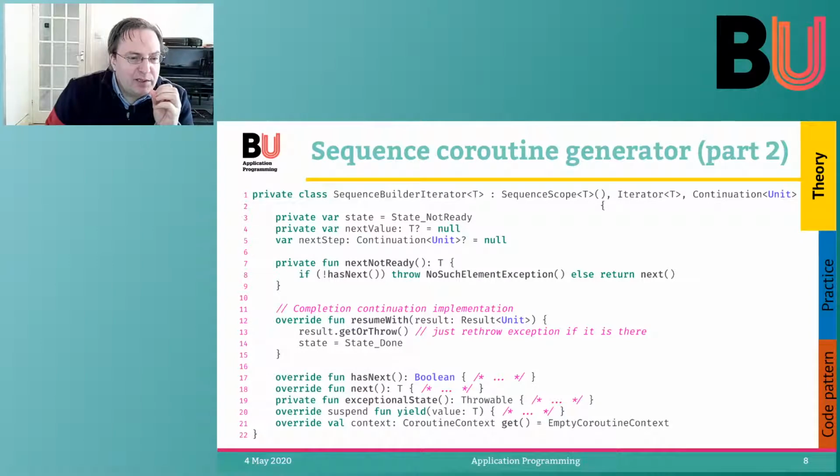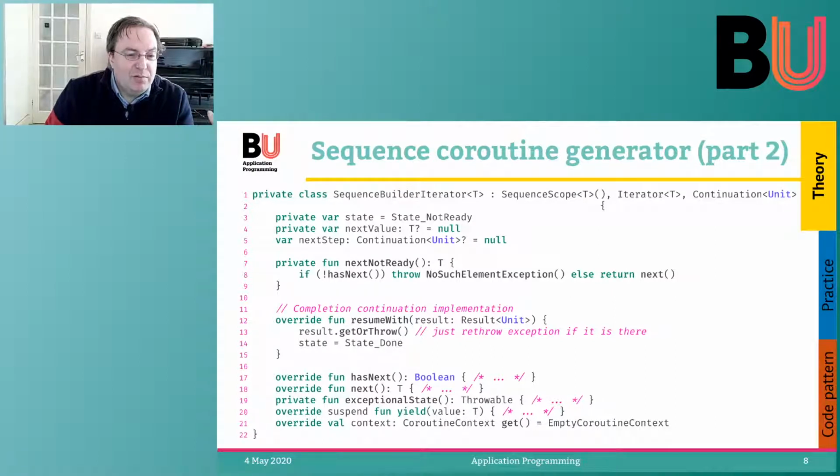When we look at line 3, our state starts as not ready. The next value we have is null. We don't have a next value initially. It is a nullable T, because we need to be able to say initially we don't have a value. And the next step is, what are we going to do once we're there? Note, this is a private class, so it is private to the file in which it was created.